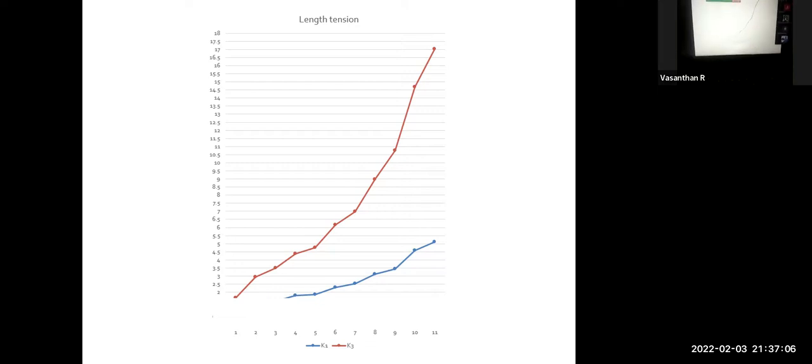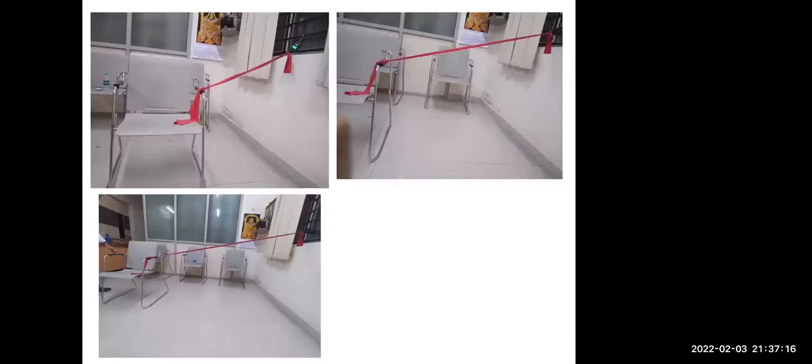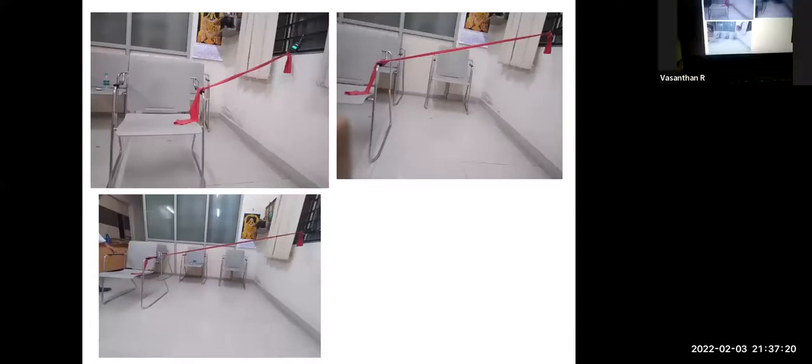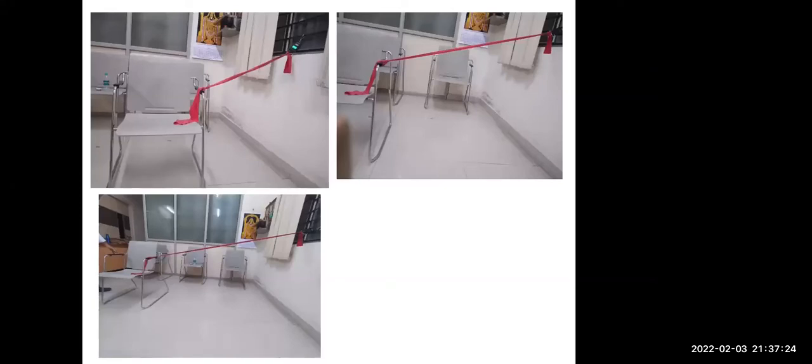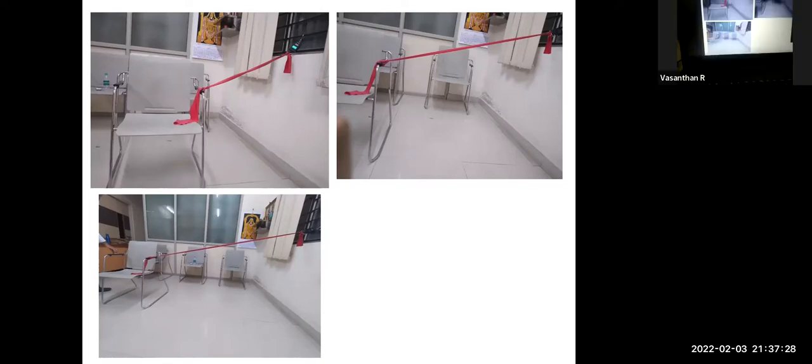F will be proportional to the length. Yes, so F is the tension of the band or muscle, and it's directly proportional to the stretch, the length of the band.